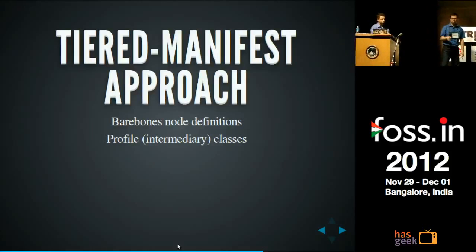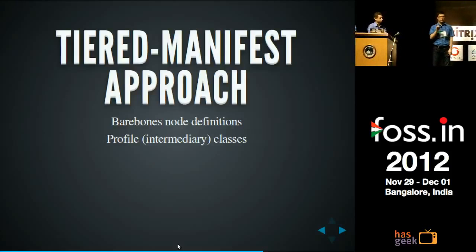Write that down. Node definitions should be as bare bones as they can be. You don't want to be including logic or putting your weird data in there. That's a no-no. You should use profile or intermediary classes.